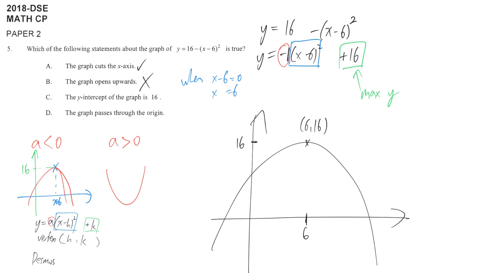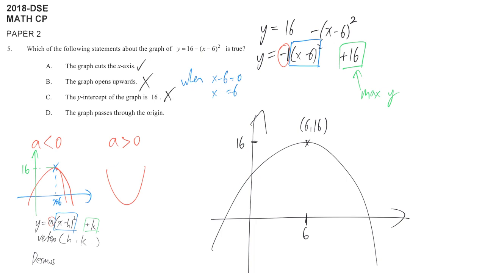The y-intercept: we say the maximum y is 16, but when x is 0, it must be some value less than 16. Maybe you just consider when x equals 0 and then you can get the value. It should be negative 20, so this graph is not very accurate, but anyway this one is wrong also.